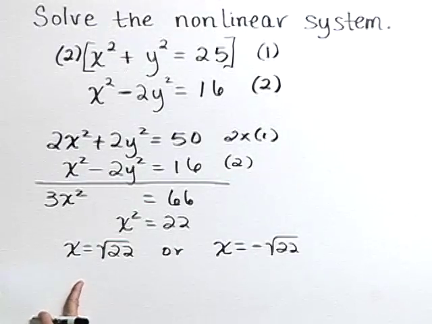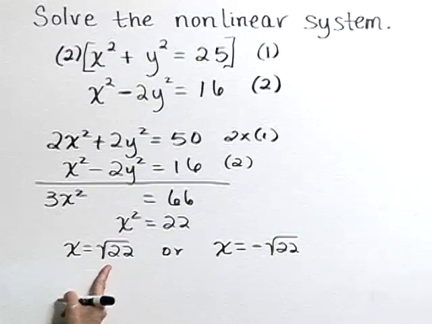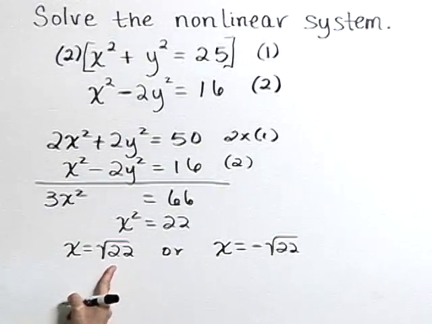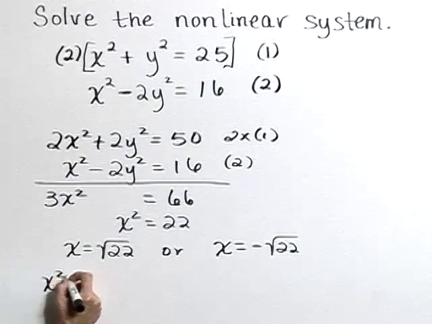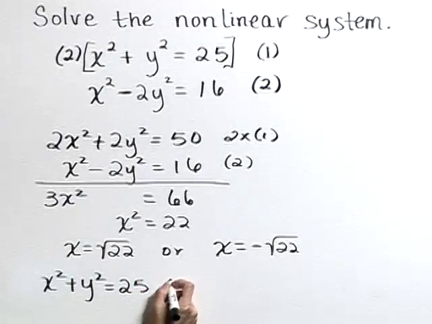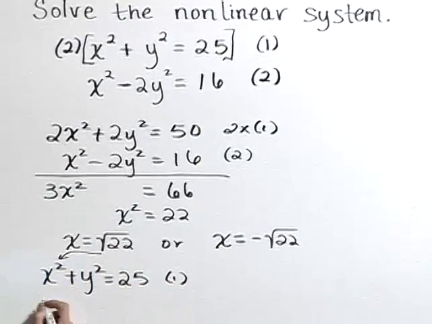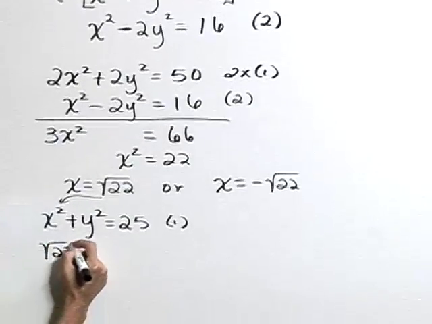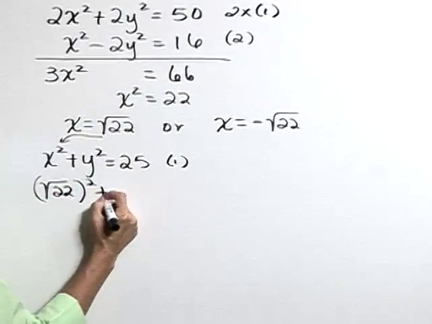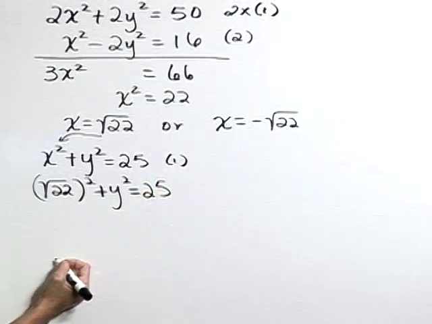Now let's find the value or values of y that go with these. Let's take this value for x and substitute it into equation 1, which is x squared plus y squared equal 25. This gives square root of 22 squared plus y squared is 25.